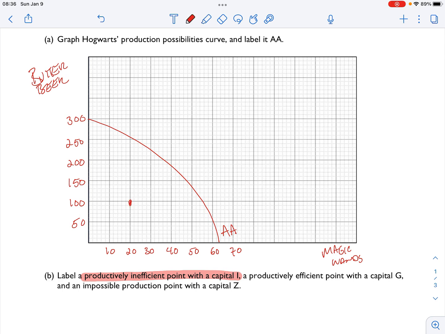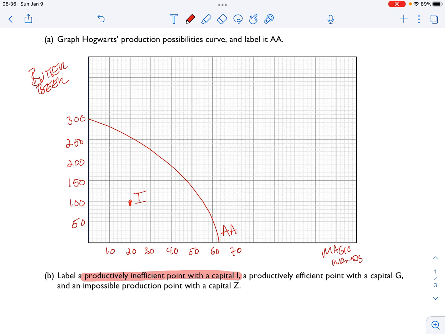Productively inefficient is when you have leftover resources. You have resources that you could be using to produce Butterbeer or magic wands, but are not. They are sitting idle. They simply aren't being used to produce anything at all. A productively inefficient point would be any combination of Butterbeers and magic wands inside of the PPC.